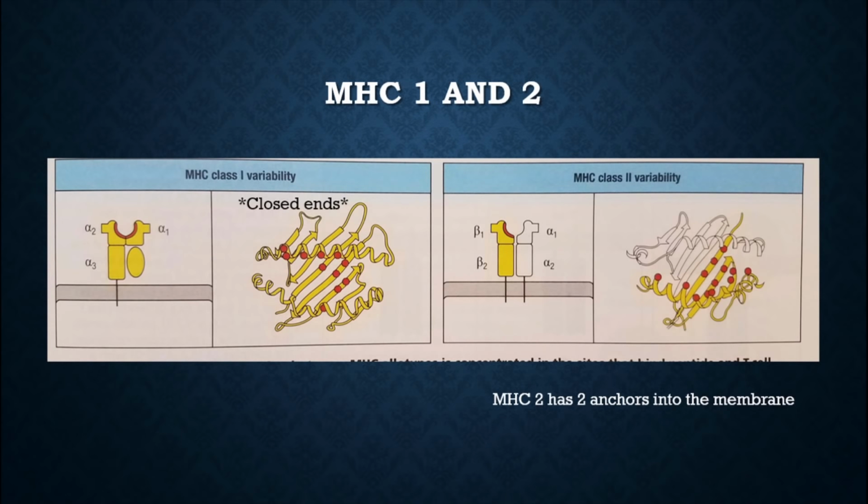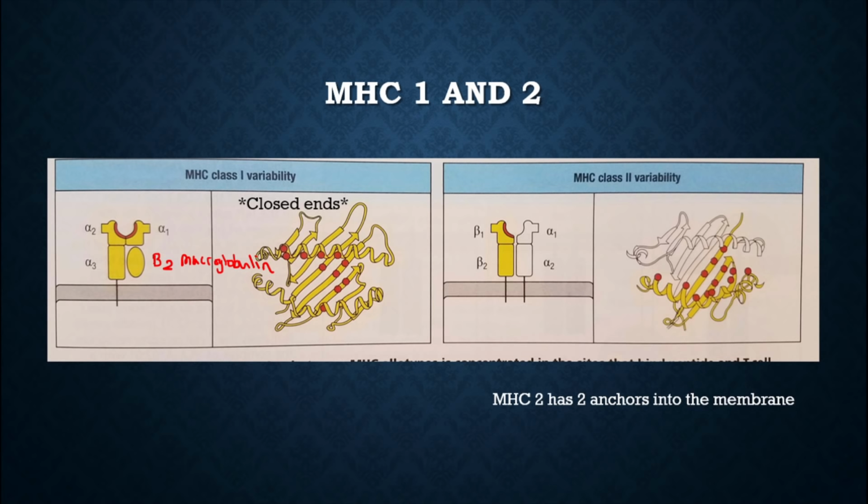So MHC1 is a molecule composed of 3 chains connected, alpha 1, 2, and 3, with beta 2 microglobulin. It has notably closed ends, so that the fragments that bind can only be 8 to 10 peptides long.